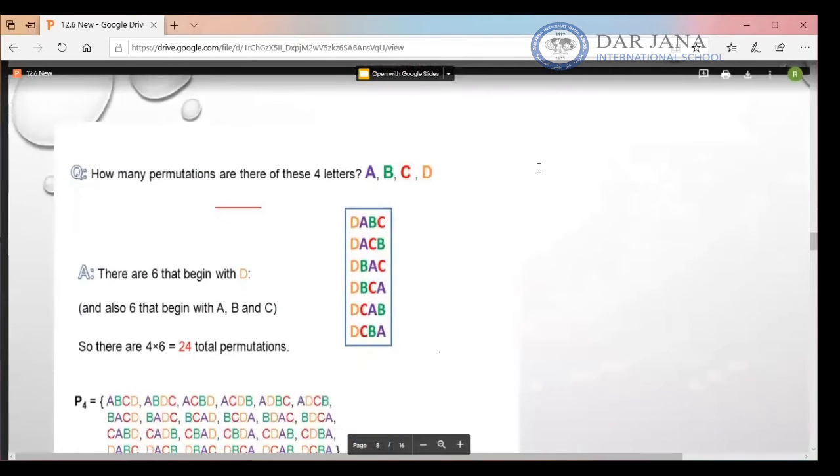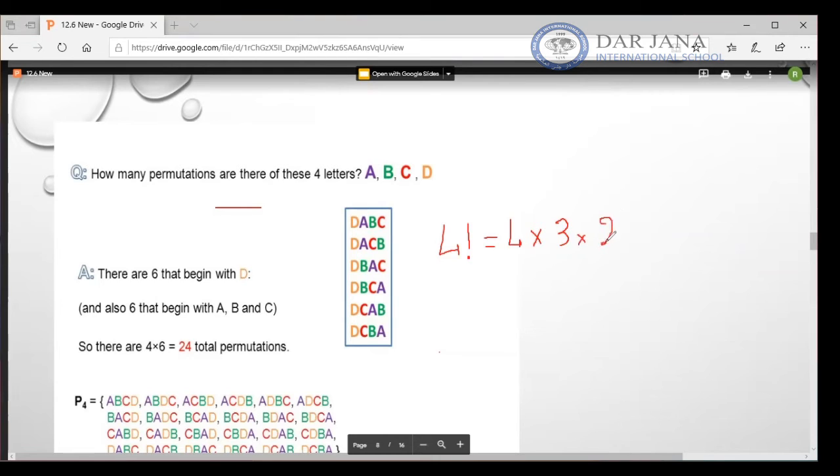Same thing here. I have 4 different letters, and how many different ways can you put them? It's going to be directly, exactly as you said. I know that some of you started solving with me. It's going to be 4 factorial, which is going to be 4 times 3 times 2.